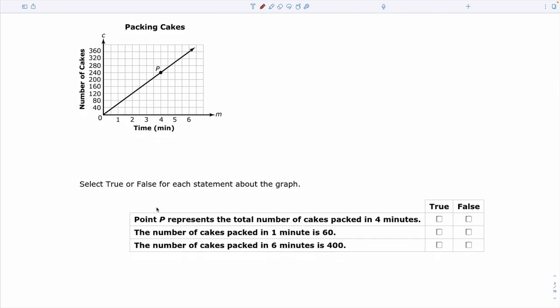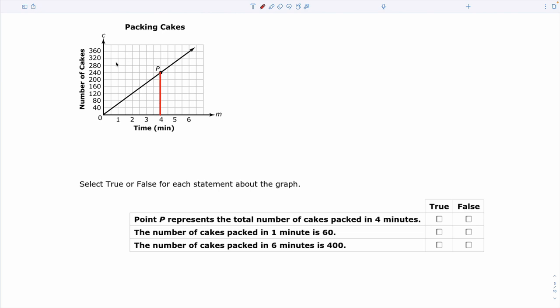They tell me that there's 3 things they want me to analyze. If it's true, mark true. If it's false, mark false. Point P, they say, represents the total number of cakes packed in 4 minutes. If you go over to 4 and go up to the P, draw a line. Does point P tell me the number of cakes?